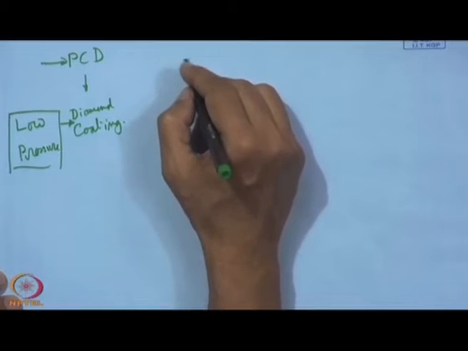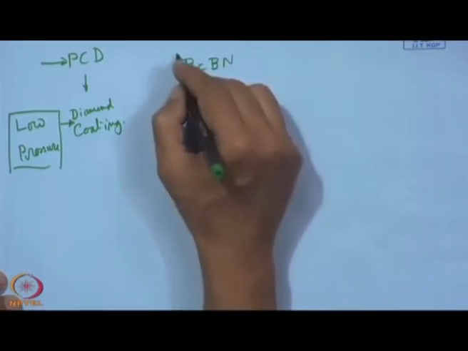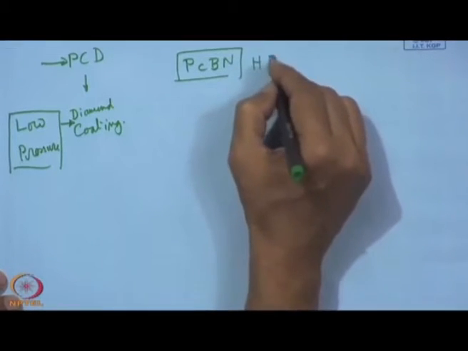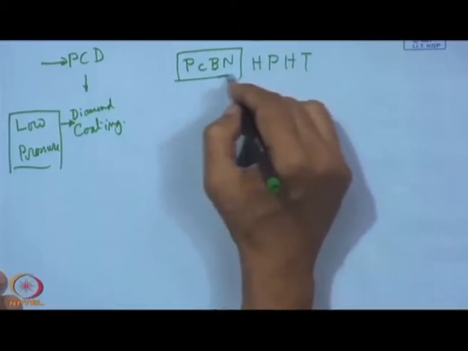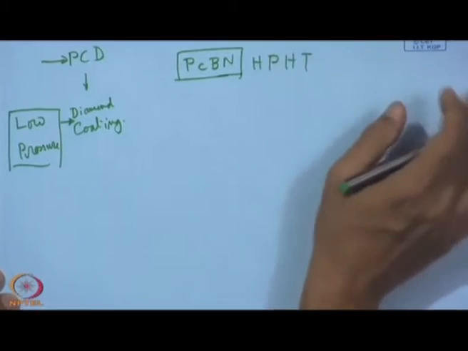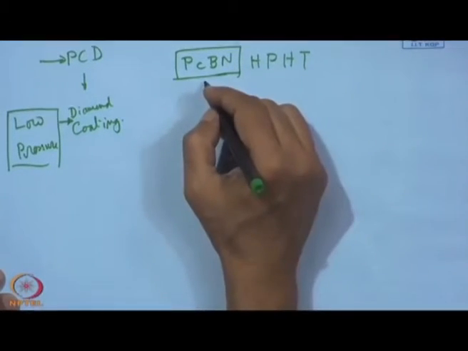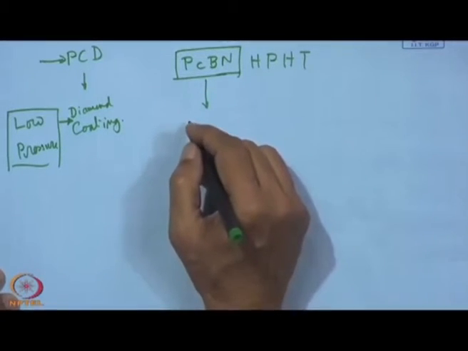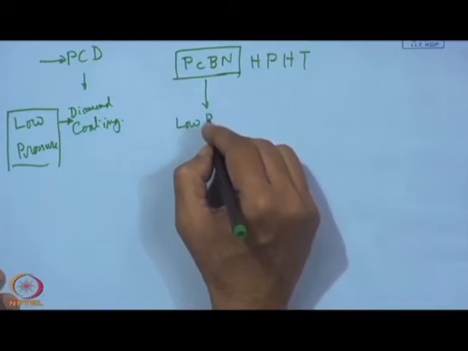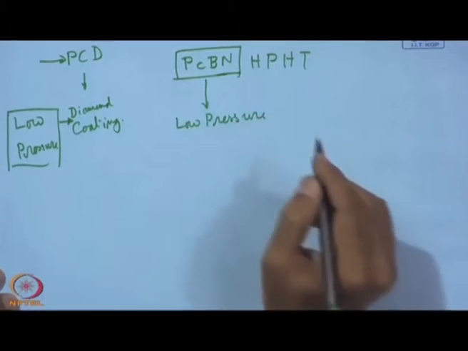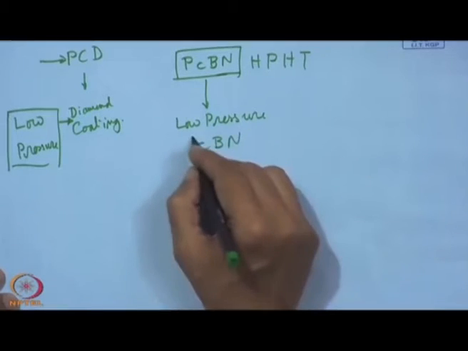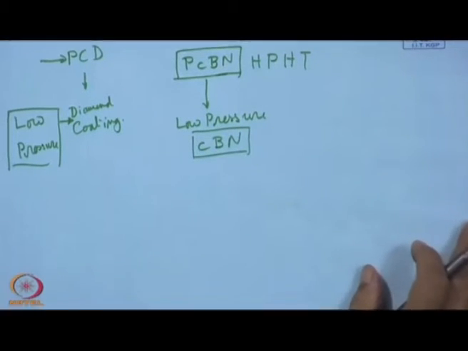Similarly, PCBN is a high pressure technology, HPHT, but it has limited use, being very costly and very complicated. But from there we now also have low pressure synthesis of CBN, just like TiC, TiN, aluminum oxide, chromium nitride, all sorts of coatings which come as a smooth coating on the substrate surface of a carbide tool.